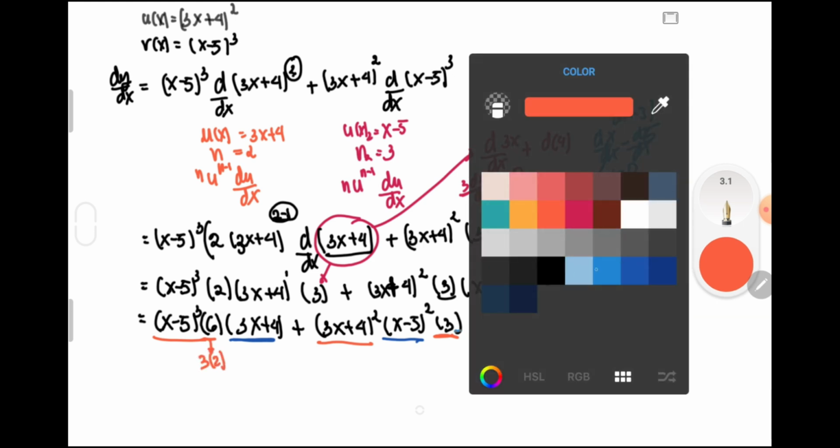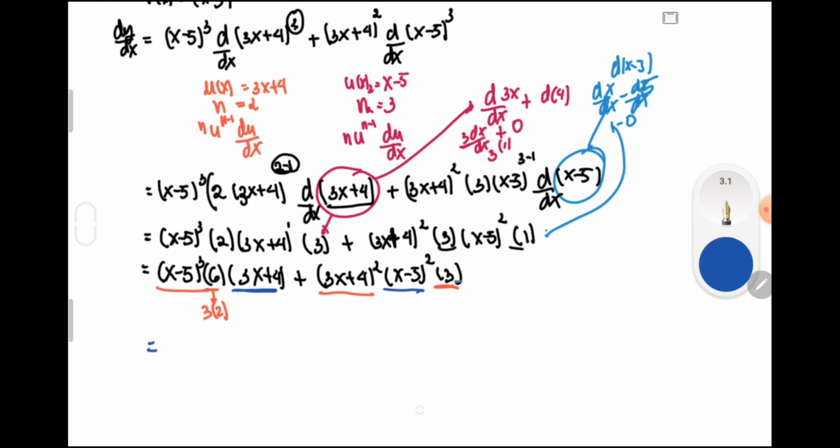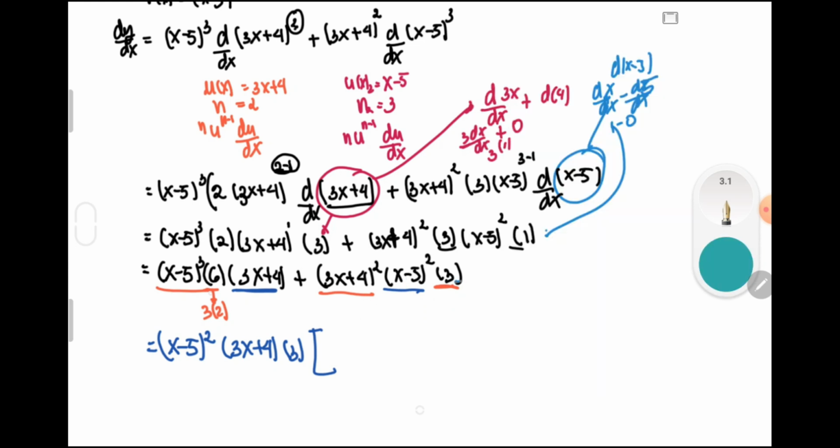So therefore, we may write this equation as (x − 5)^2 multiplied by (3x + 4) multiplied by 3. Pag pinactor out natin yan, syempre parang divide natin siya. So matitira is (x − 5)^2 divided by (3x + 4) divided by 3.